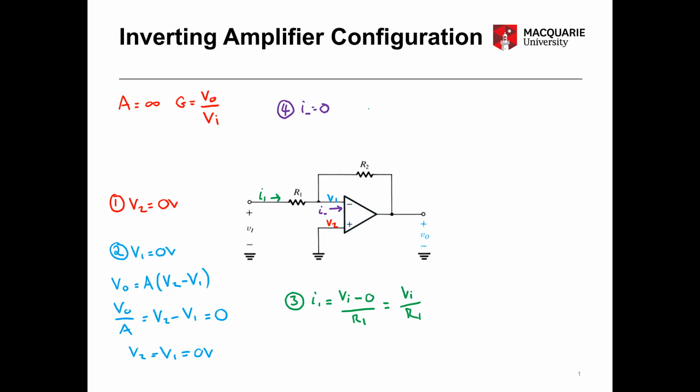So step 5 follows directly from that and states that our I2, the current going through resistor R2, must therefore equal I1, because none of the current is branched off into the inverting op-amp input terminal at V1. And we already know that I1 equals Vin over R1.